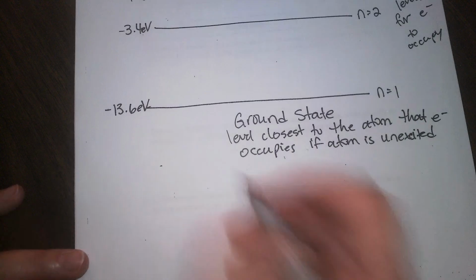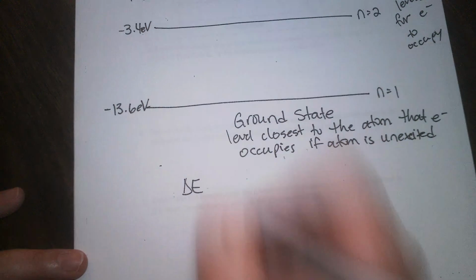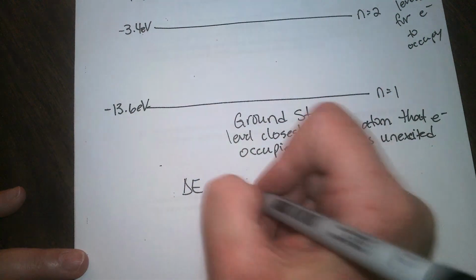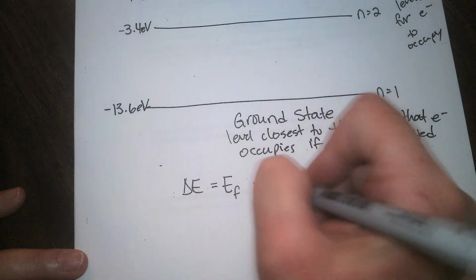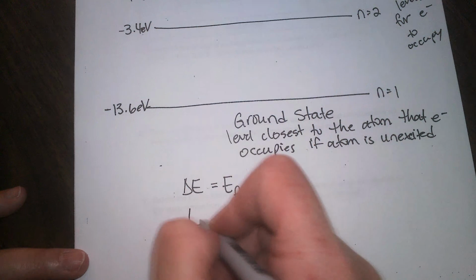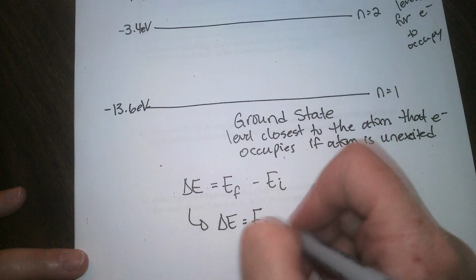So we can look at the relationship in energy. Change in energy is equal to final minus initial. This particular change in energy is the energy of a photon.